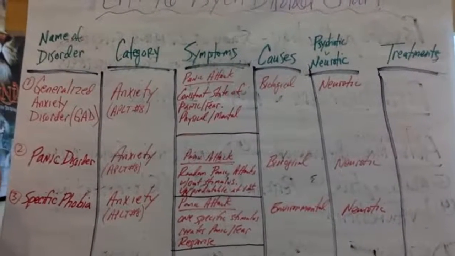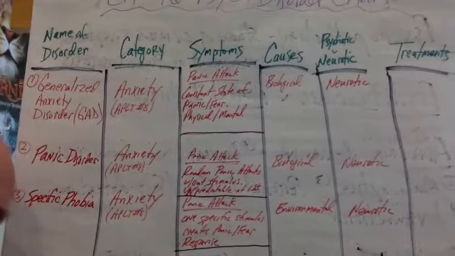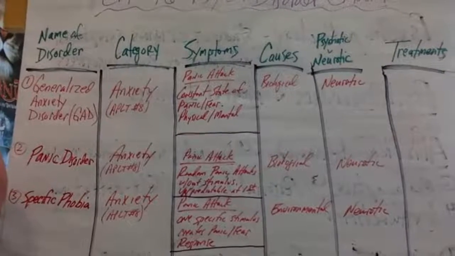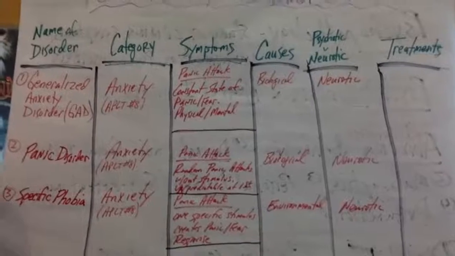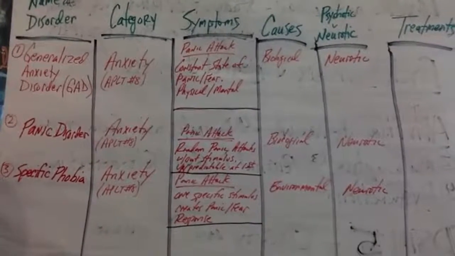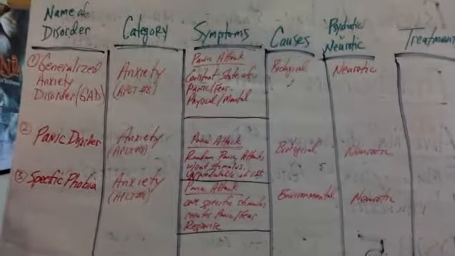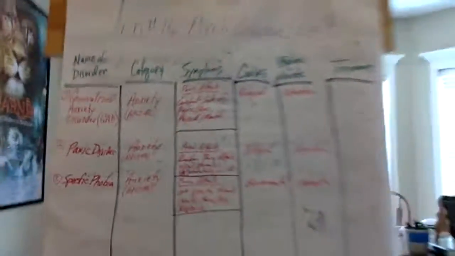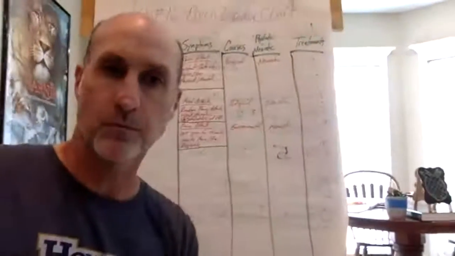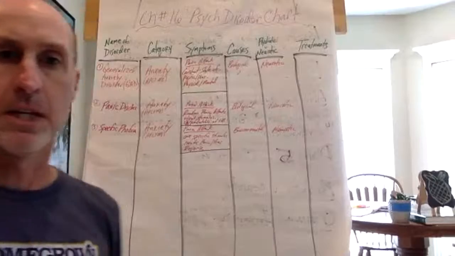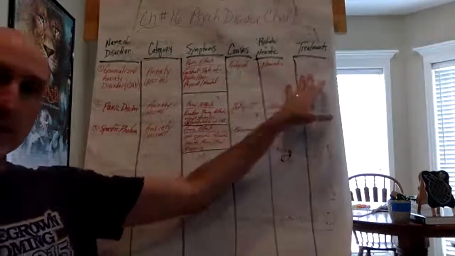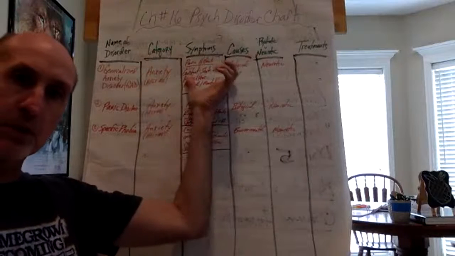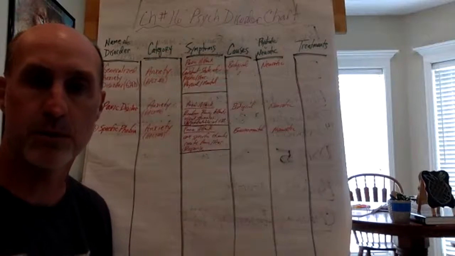So just get your chart done right now: name of disorder, category, symptoms, causes, psychotic versus neurotic, and treatments. Make yourself some long columns like I have there. After I finish each one, usually I'll do a close-up of it so you can review it, and we'll review it together.